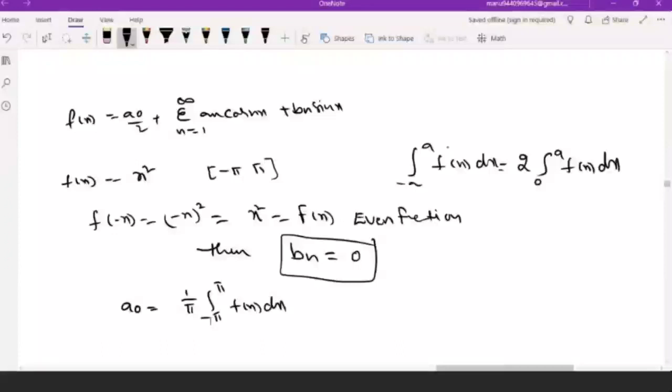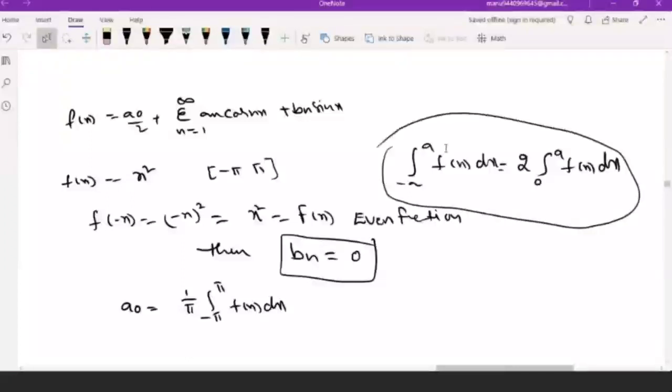The given function is even, so the property can be applied like this. I am converting this to 2 by pi times the integral from 0 to pi of f of x dx.